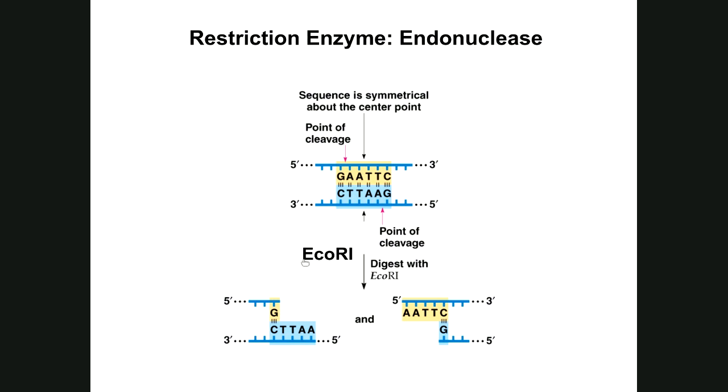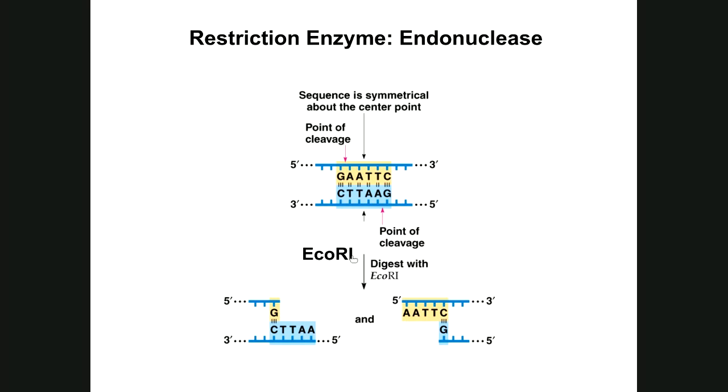EcoR1 was discovered in E. coli. The R represents the strain, E. coli strain R. The Roman numeral 1 represents that it was the first restriction enzyme discovered in E. coli. In the labs, we used to use EcoR1 and EcoR5, and the numbers just have to do with the order in which they were discovered.